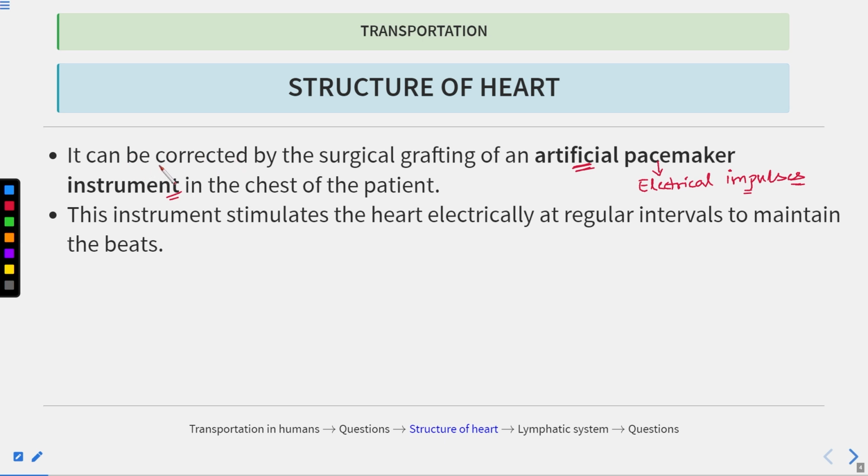So the damaged SA node can be corrected by the surgical grafting of an artificial pacemaker in the chest of the patient. This instrument stimulates the heart electrically at regular intervals to maintain the heartbeat. The lifetime of this artificial pacemaker is quite long, so this is quite successful these days.